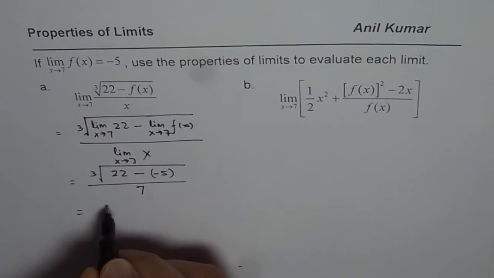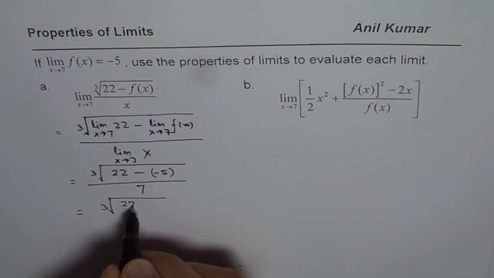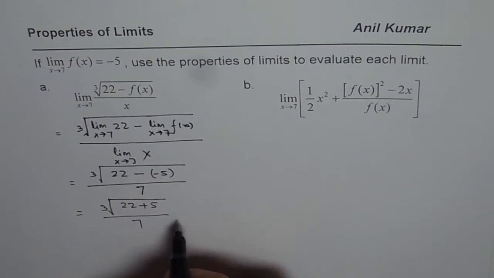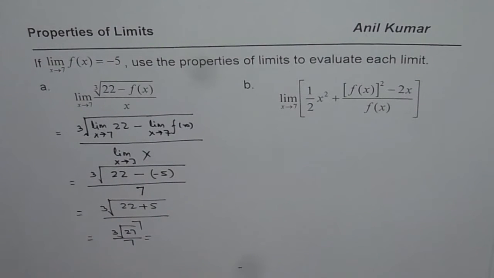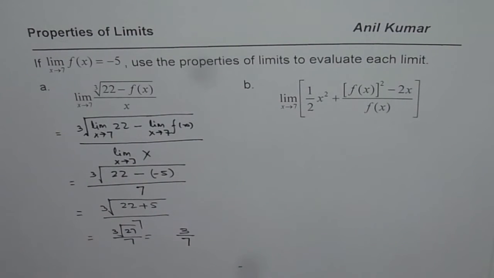Correct. So what we get here is cube root of 22 plus 5 divided by 7. Now 22 plus 5 is 27. So cube root of 27 divided by 7. Cube root of 27 is 3, right? So we get 3 over 7 as our answer. So that becomes the solution for part A, right?